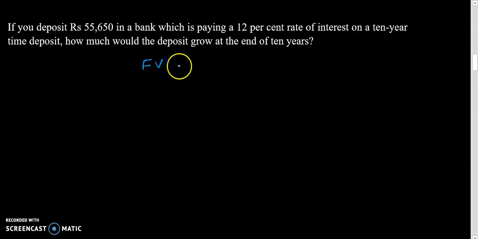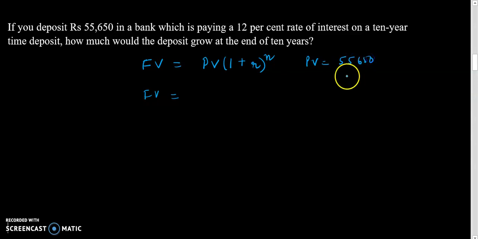So future value we can calculate with this formula, (1 plus r) to the power n. We have to calculate future value. In this case, present value, which is the initial cash flow, is 55,650 and the rate of interest is 12% per annum. n is the number of years for the deposit, 10 years.